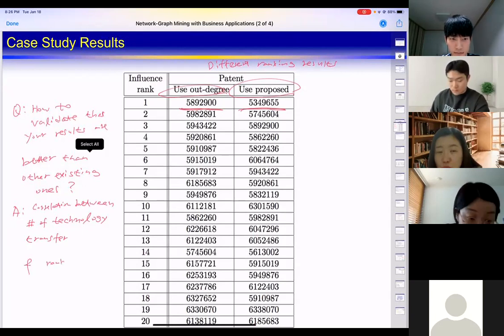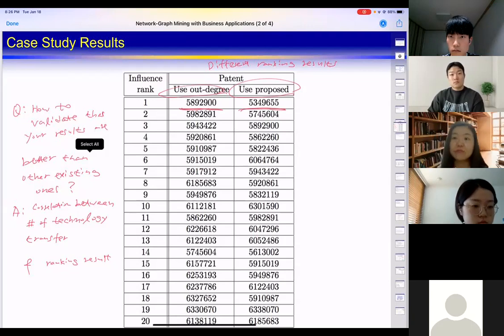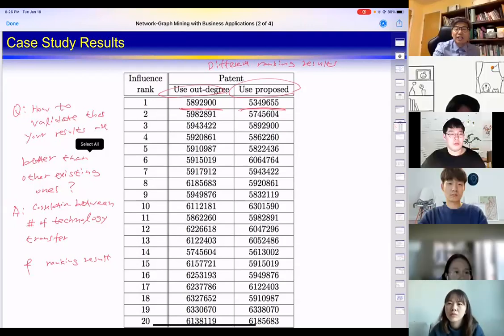Ours shows very high correlation compared to other methods. Then the reviewers are happy. We are the first team who validated those ranking results.